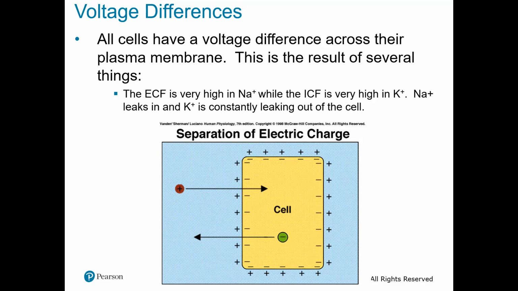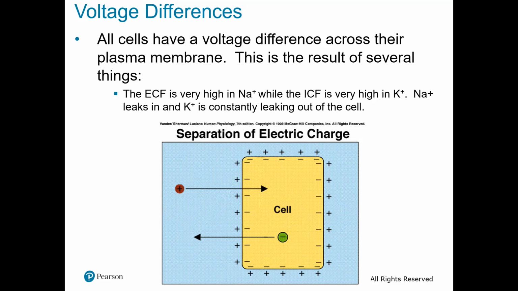Inside the cells, the number one ion is potassium. So we have sodium outside and we have potassium inside. Now, the problem with sodium and potassium, as you probably remember, is that sodium will always leak in.